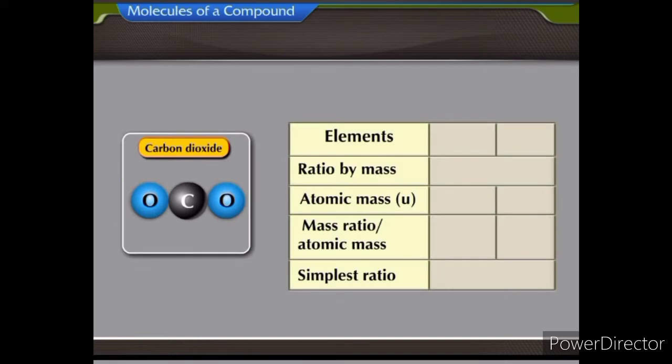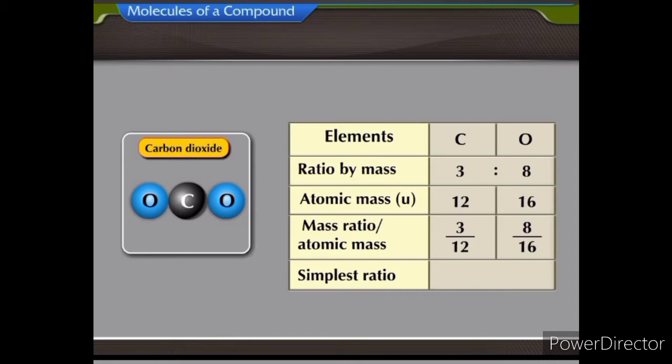In the compound carbon dioxide, the combining elements are carbon and oxygen. The ratio by mass of the combining atoms is 3:8. The atomic mass of carbon is 12 and that of oxygen is 16. The mass ratio by atomic mass for carbon is 3/12 and for oxygen it is 8/16.